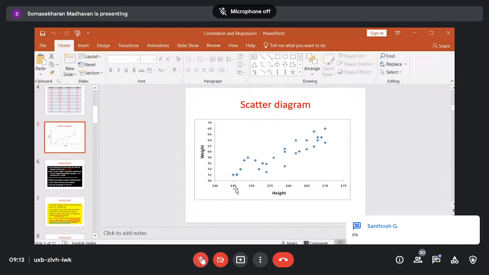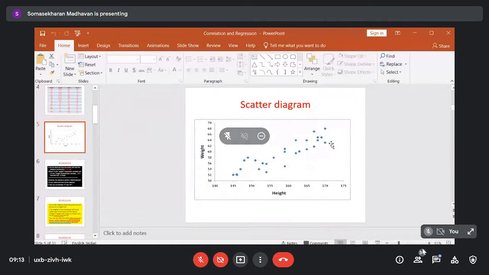Here you can observe that these points are clustered around a straight line. So we can infer that there exists a linear relation between the variables. What is the physical meaning of the linear relation?